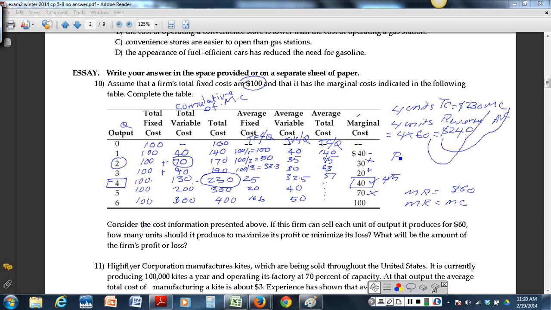So my profit would be equal to total revenue minus total cost, that is 240 minus 230 equals $10. So how many units would you produce here? That would be 4 units. And how much profit would you make? That's about $10. That's the answer. Hopefully this one makes sense to you guys.